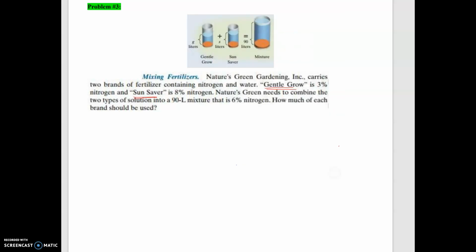And remember that you're looking at liters. So I'm just going to say let x equal the total liters of the Gentle Grow mix.